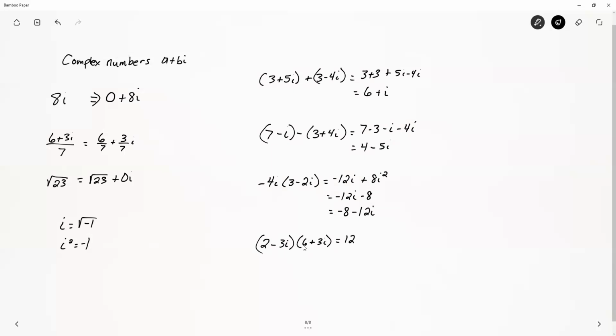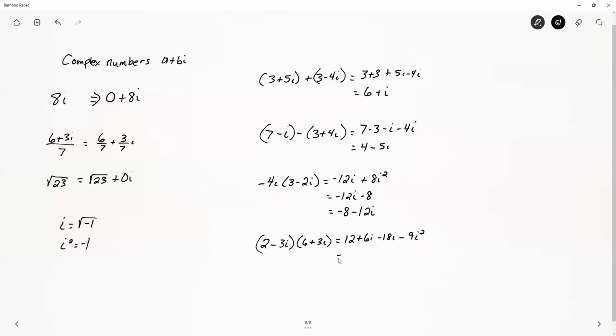Outer is my 2 times 3i, which is a positive 6i. Inner, negative 3i times 6 is negative 18i. And then last is 3i times negative 3i is negative 9i squared.